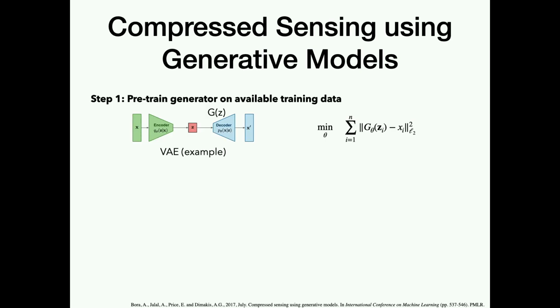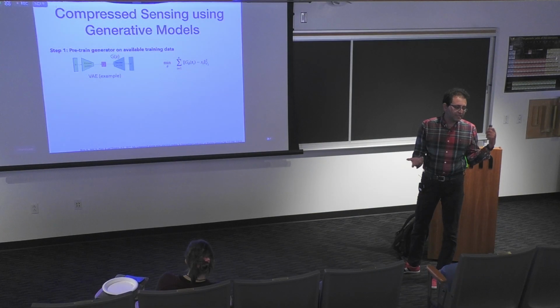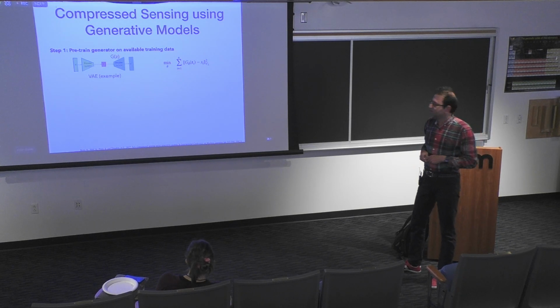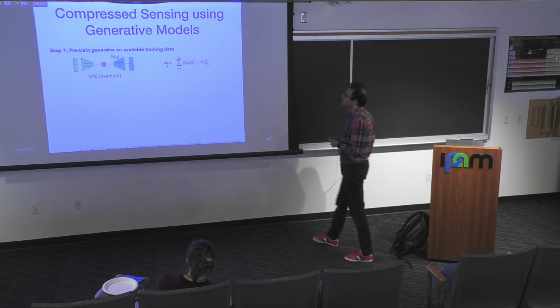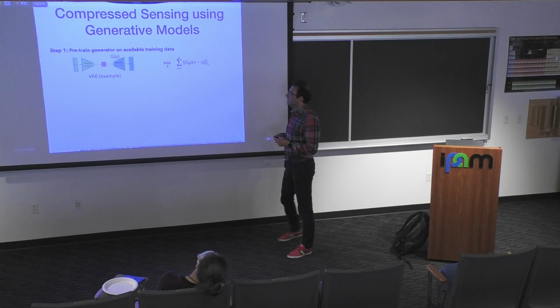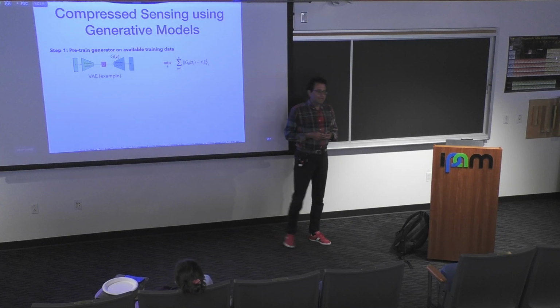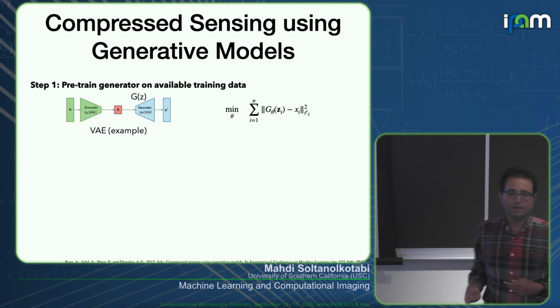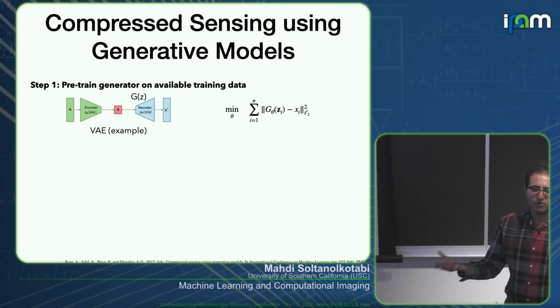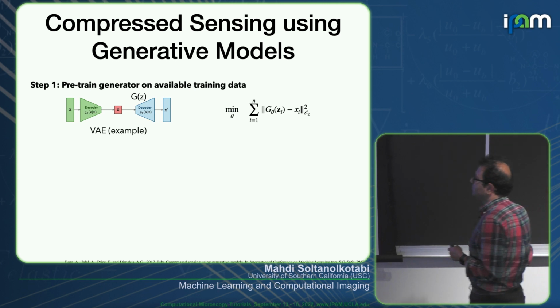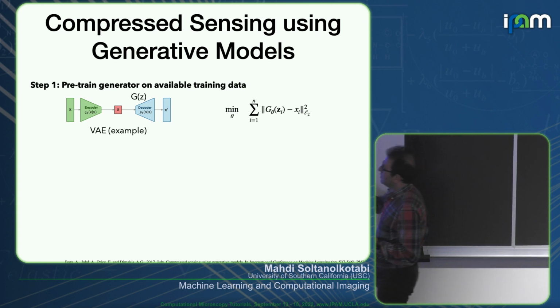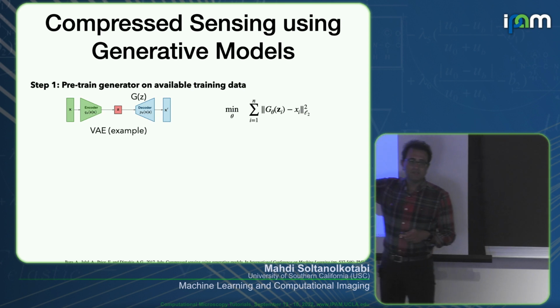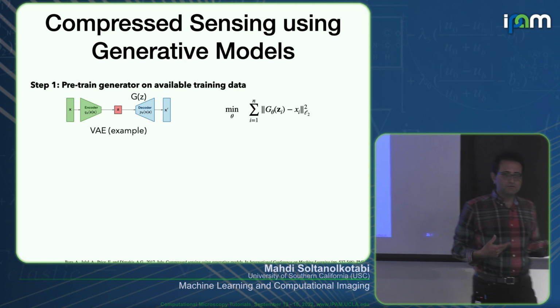But how do you use it in the context of inverse problems? Here, I'll focus just on linear inverse problems, but the same machinery works for nonlinear inverse problems too. What you would do is, if you have a collection of your input training data, try to learn a generator that learns the distribution of your input.